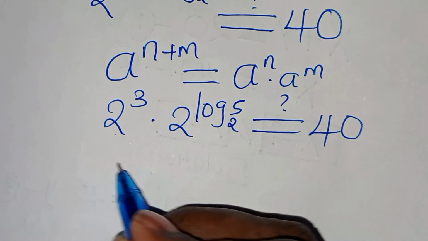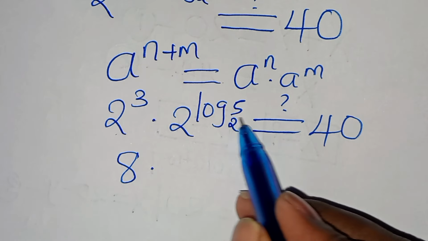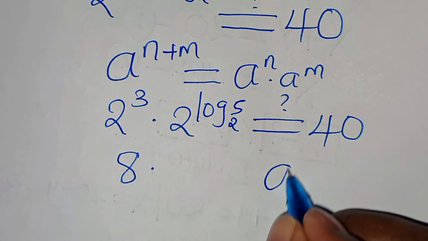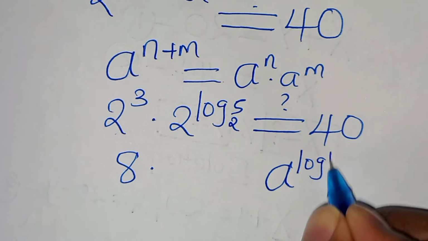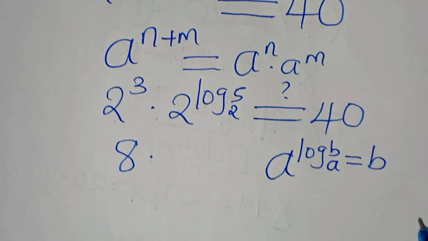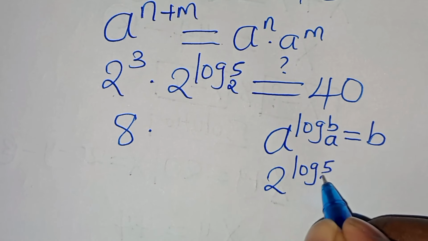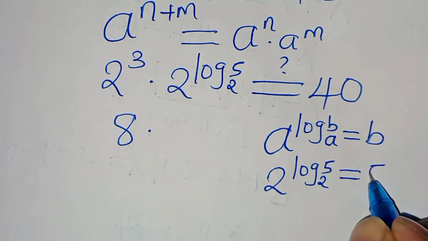So 2 to the power of 3, this is 8 multiplied by 2 to the power of log 5 to base 2. Remember, this is in the form of a to the power of log b to base a, and this is equal to b. So 2 to the power of log 5 to base 2 should give us a value of 5.